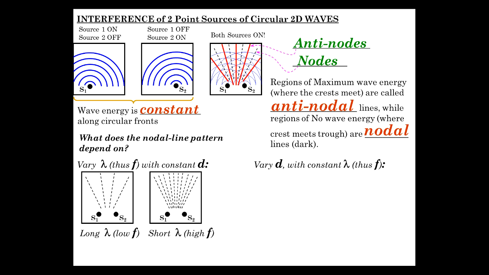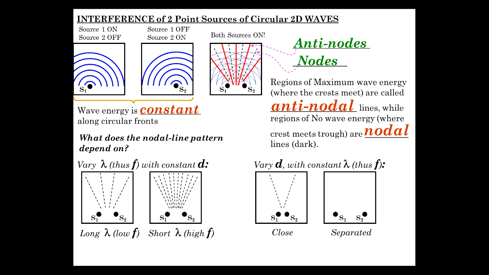So we vary the distance between these two, but keep a constant frequency or wavelength. It's going to look like this. When they're close together, you're going to see not many nodal lines or antinodal lines.